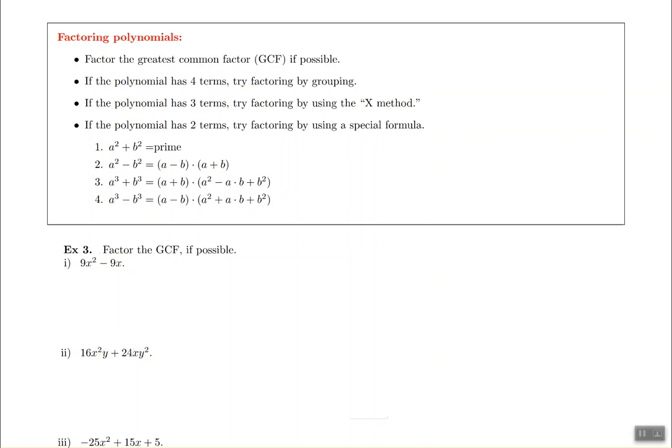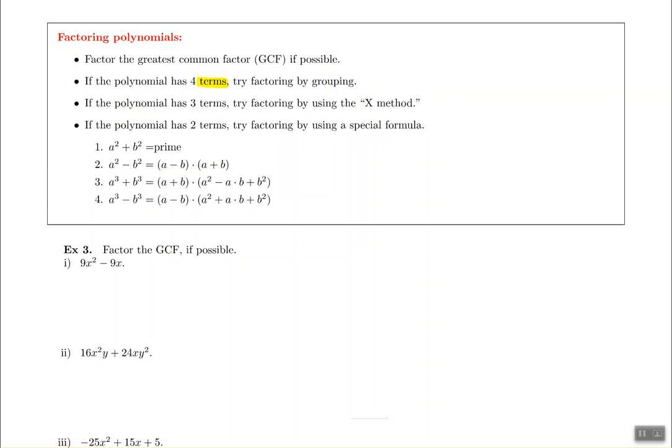Now, generally speaking, depending on the number of terms in a polynomial, you could use a different strategy to factor that polynomial. Now, what do I mean by the word term? In mathematics, a term is an expression that contains a number and a variable. And typically speaking, terms begin and end where a plus or minus sign is found.